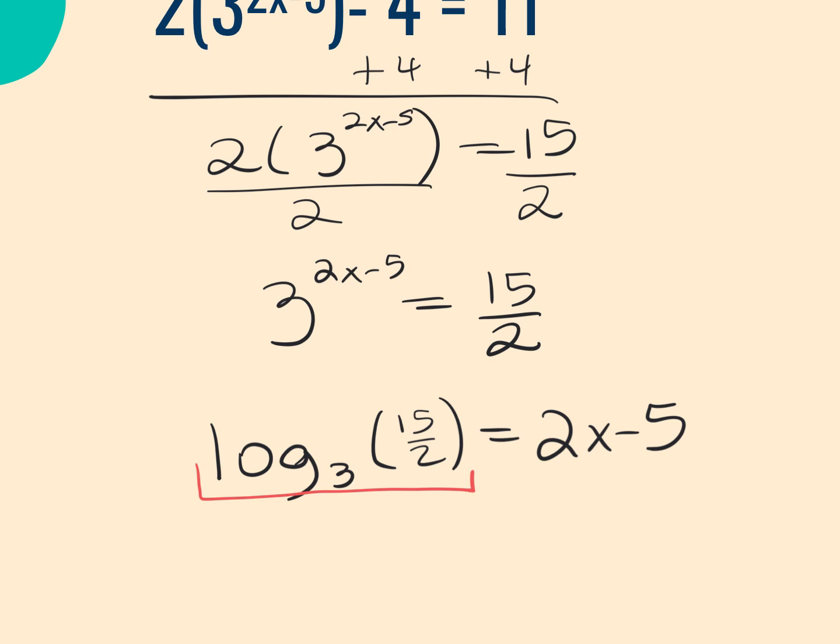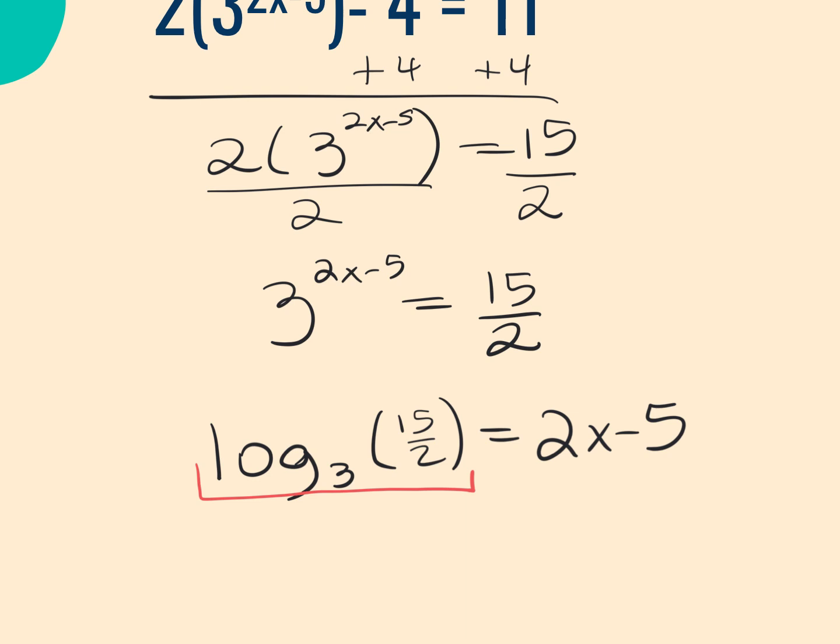You're going to evaluate log base 3 of 15 over 2. You could make it 7.5. When you do this, do not round until the end. So you're going to leave the really long number that you're going to get from this on your calculator. So let me show you what you're going to get.